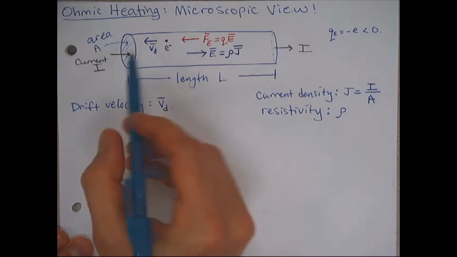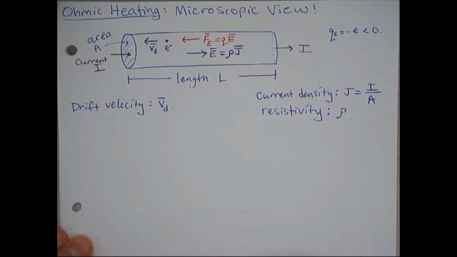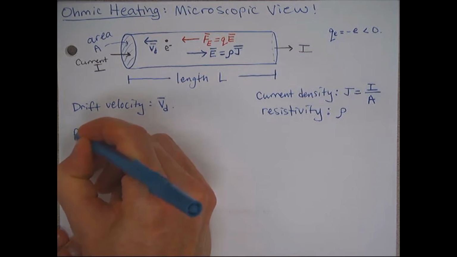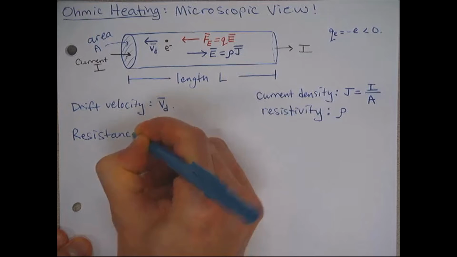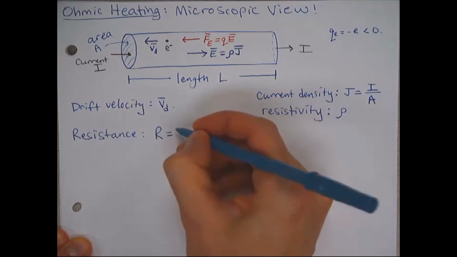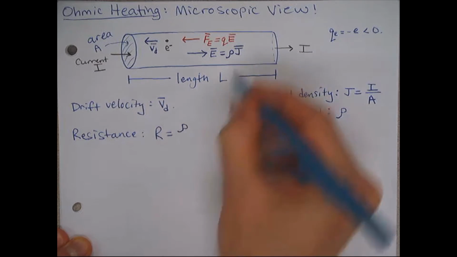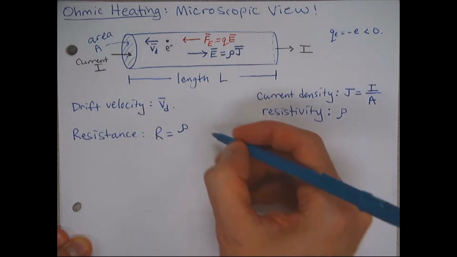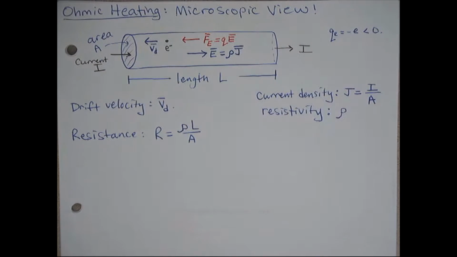What is the overall resistance of this piece of wire to the flow of the current? The macroscopic resistance R is the microscopic resistivity, that's the property of the wire's material, times the length divided by that cross-sectional area A.